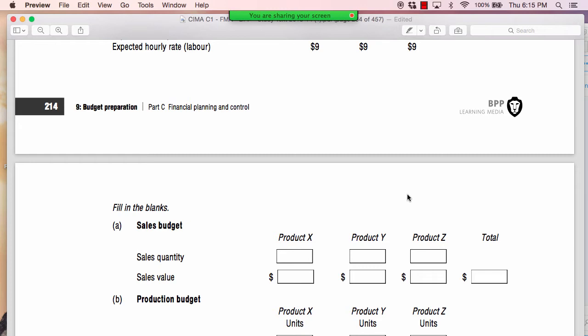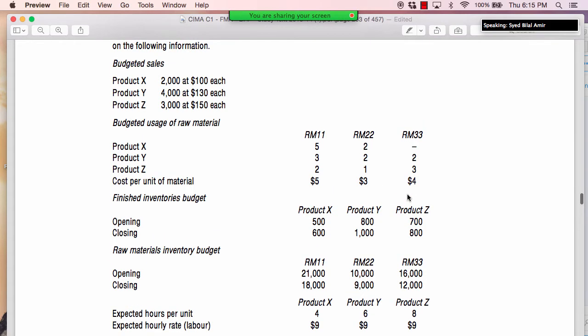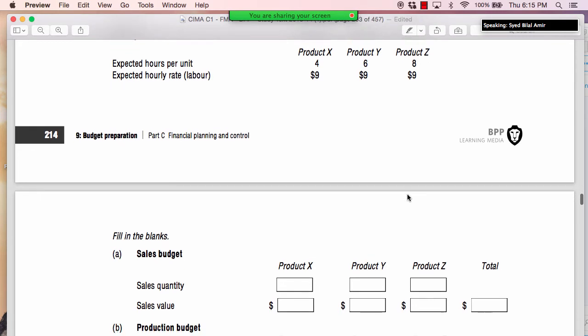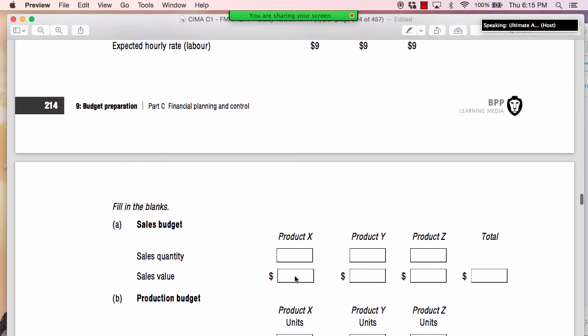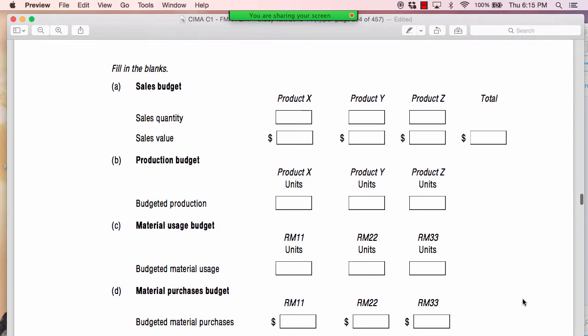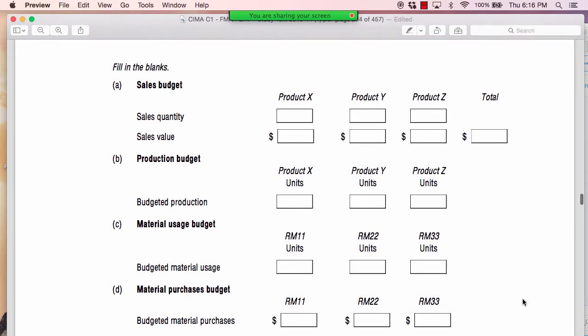Sales quantity multiplied by the sale price, right? And that will give you the price. Correct. And then it will give you the sales value, right? Production, the budgeted production, how much is required. Yeah.